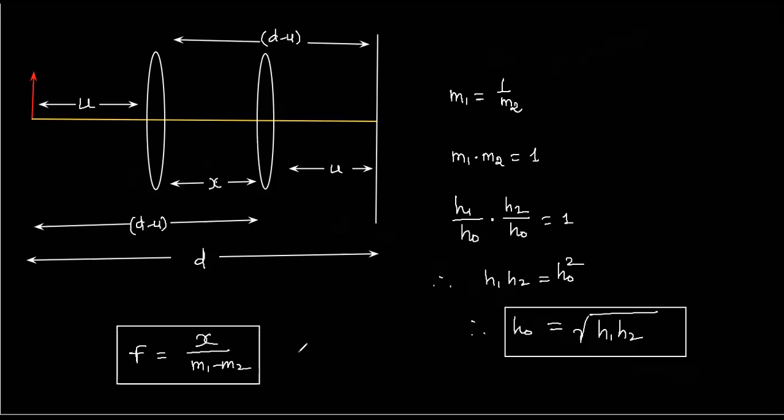And also this focal length formula I am writing here: f is equal to small d square minus x square divided by 4d.